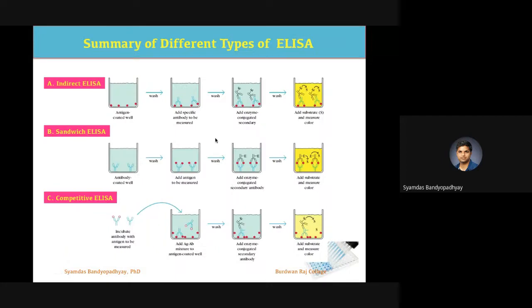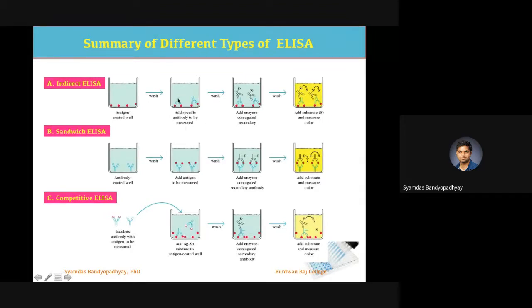Now, this slide shows you different modifications of the ELISA and summarizes the concept. The concept that we covered today is the indirect ELISA, in which the antigens are coated first onto the well, and then you wash it to remove the non-specific antigens bound to non-specific regions. So you perform extensive washing, and then you add a specific antibody to be measured, right?